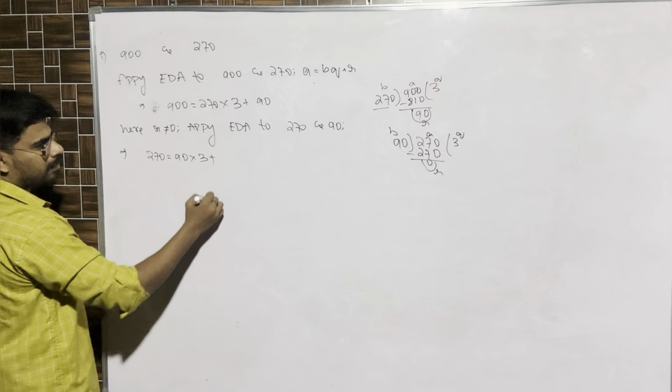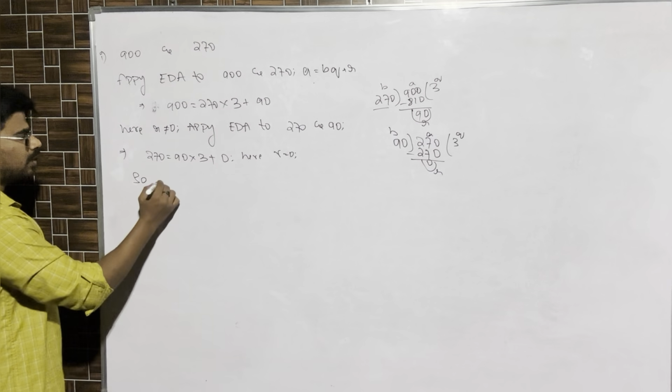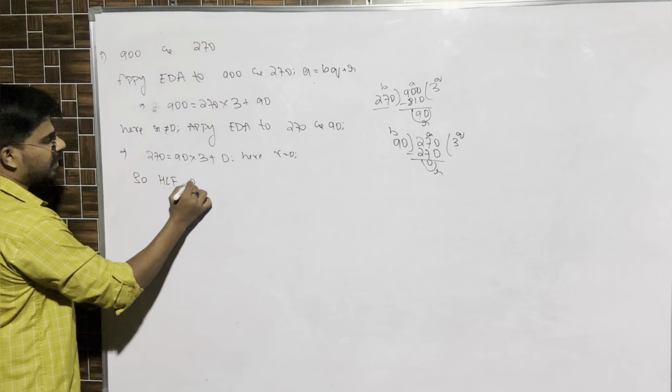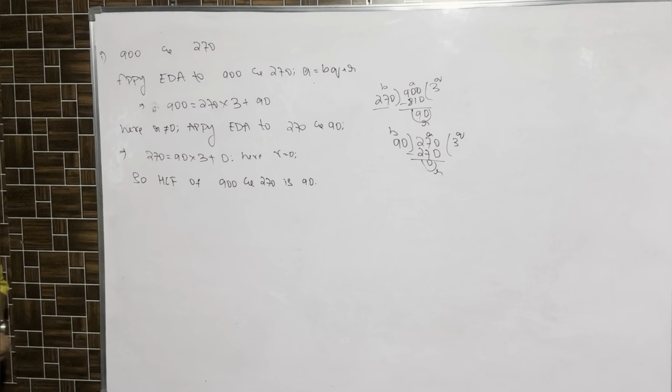So here R is equal to 0. If R is equal to 0, what is the HCF? The value of B, which is 90. So the HCF of 900 and 270 is 90. This way we have to find the HCF of two numbers.